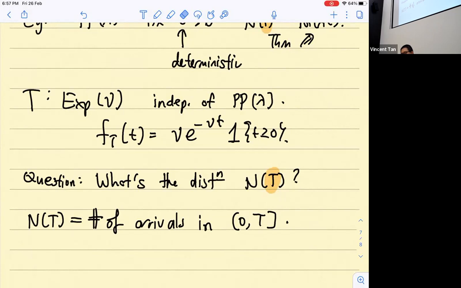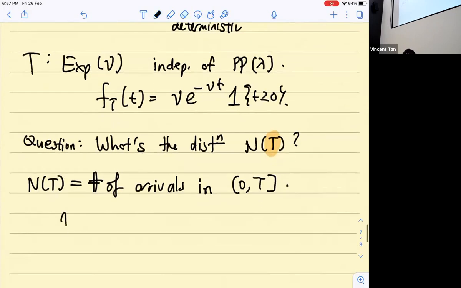So what we will do is law of total expectation. We will consider the particular random variable or probability, N_T, this particular random variable being equal to n. So that's the probability, right?